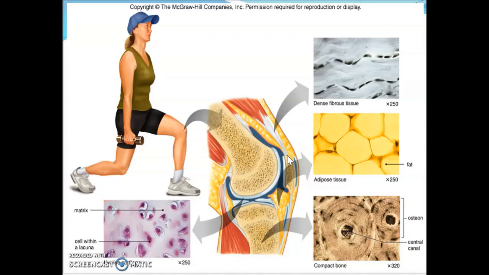In general, there are four main types of connective tissue. The first is the cartilage tissue. Second is the fibrous tissue, then adipose tissue, and the bone tissue.